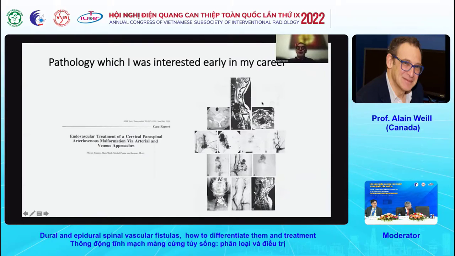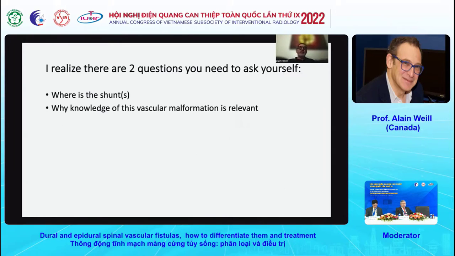Here you have a case report where it was a paraspinal vascular malformation with a huge vascular pouch, creating some mass effect on the spinal cord and on the spinal vertebra, which we were able to treat quite successfully with complete cure, but actually in quite a simple way. And I was fascinated by that, and then I developed a specific interest in it.